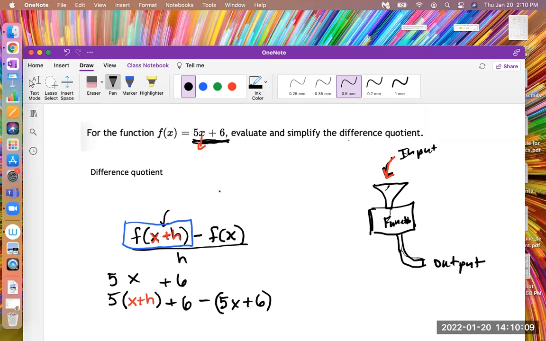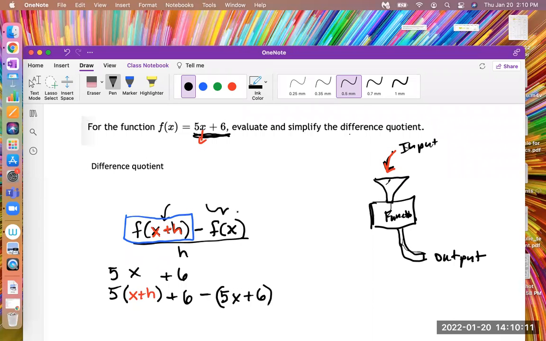Are you guys okay with that? Plugging in for f of x, I'm plugging in literally what I see, because f of x is equal to 5x plus 6.